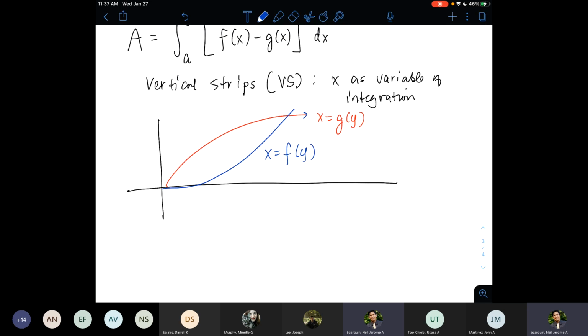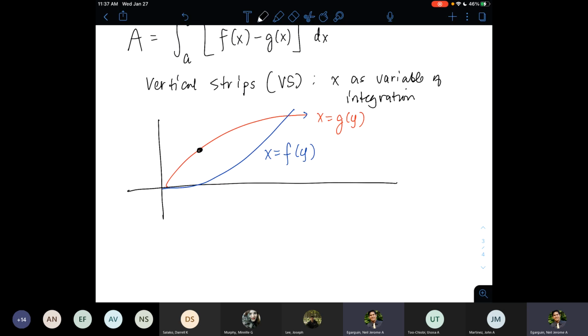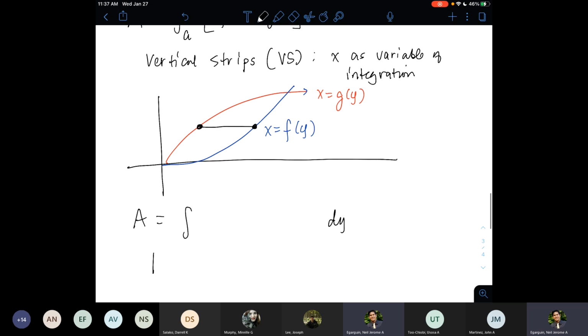Okay, so now if you are to use horizontal strips to compute the area of the shaded region, you always use the variable y. So for horizontal strips, you use y as variable of integration.